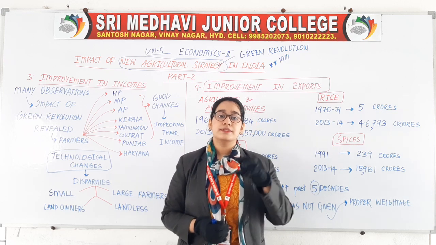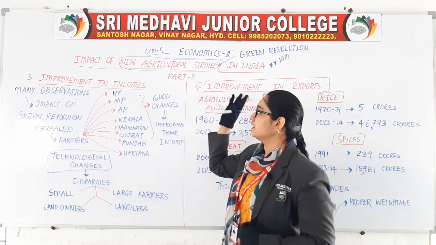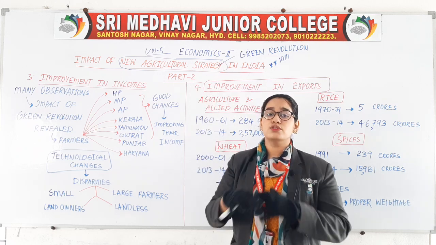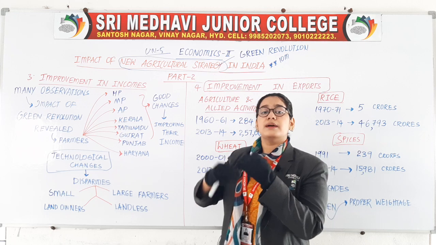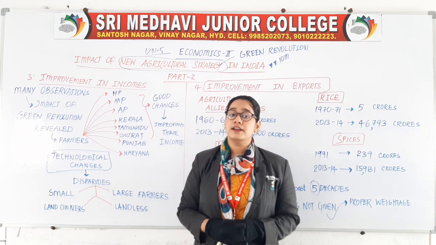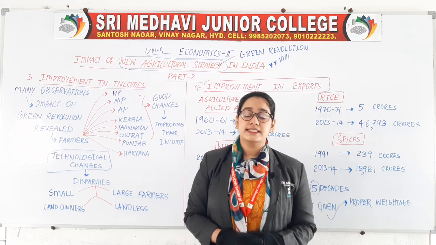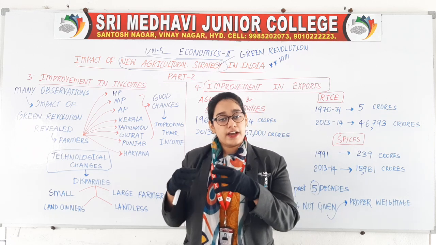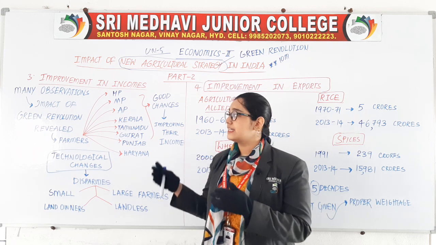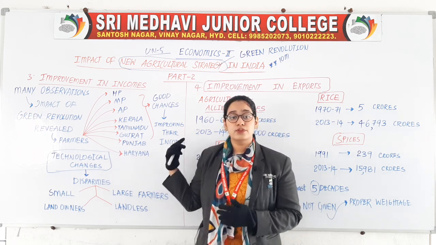All these things come under the new agricultural strategy. So by making use of all these things, we can double, triple our productivity. Instead of producing 100 bags of rice, we can produce 500 bags of rice. Is that clear? So let us see what are the third and fourth point.